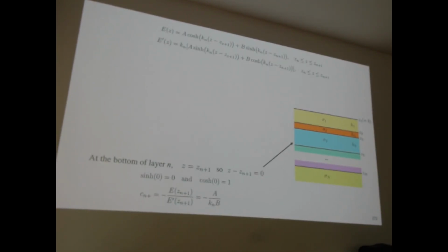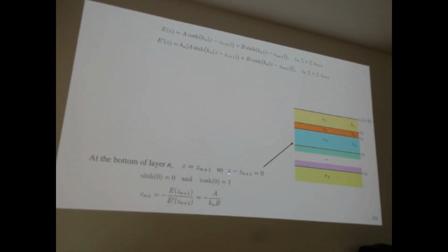So let's start at the bottom of this layer here. At the bottom of this layer, the depth is z_{n+1}. So if this is layer 3, the bottom layer depth is z4. So in this form, these are my formulas up here.